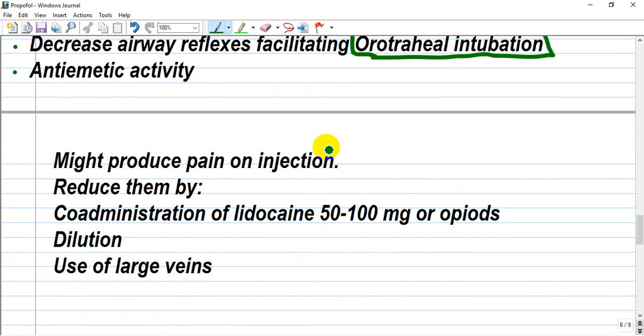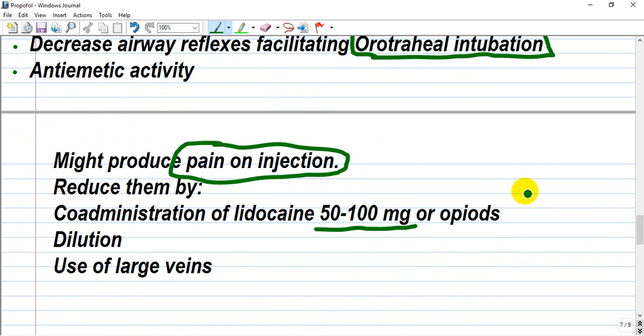So, what is the problem with this? Propofol might produce pain at the injection site, and to reduce this pain, we can use co-administration of lidocaine, like 50 to 100 milligrams.